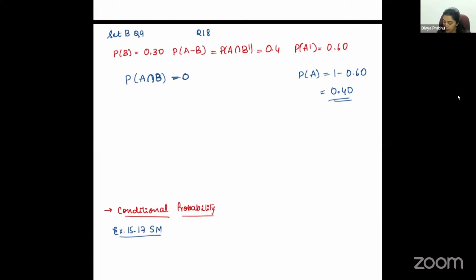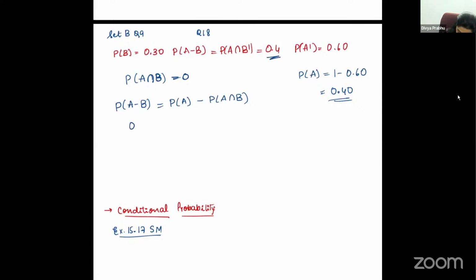Let's check this. What is the formula to find probability of A intersection B? Before this, what else is given? Probability of A minus B is given. What is the formula for probability of A minus B? P of A minus P of A intersection B. Correct? Now, is P of A minus B given?